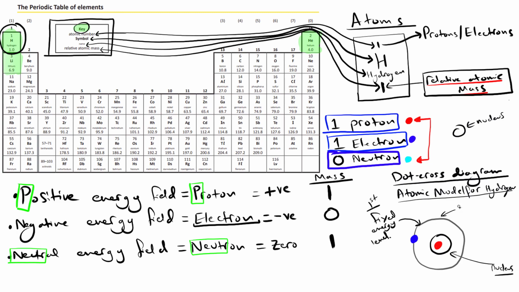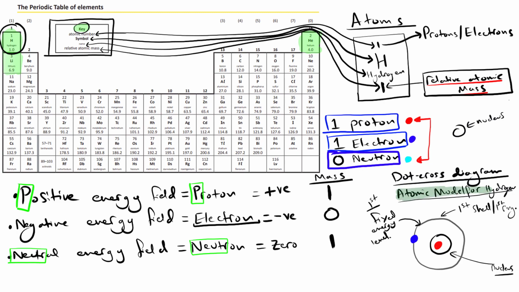Or you may have read this as the first shell or the first ring. Now this picture is in 2D, in 2 dimensions, and the reality we live in is 3 dimensions. So what I've drawn here as circles in 2D will actually be spheres in 3D. So this actually happens in 3 dimensions. So what we have here is the atomic model for the hydrogen atom.